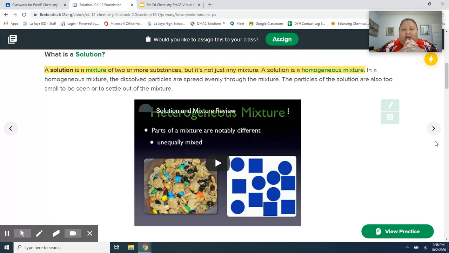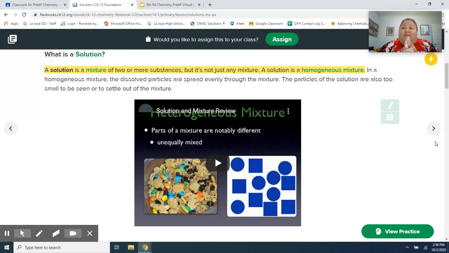So it doesn't matter if you have a homogeneous mixture, for example, Kool-Aid. Once you've mixed the components that make that Kool-Aid, the powder, maybe you put some extra sugar, and the water, once it has been completely mixed, those particles of that Kool-Aid, first off, they're too small to be seen.